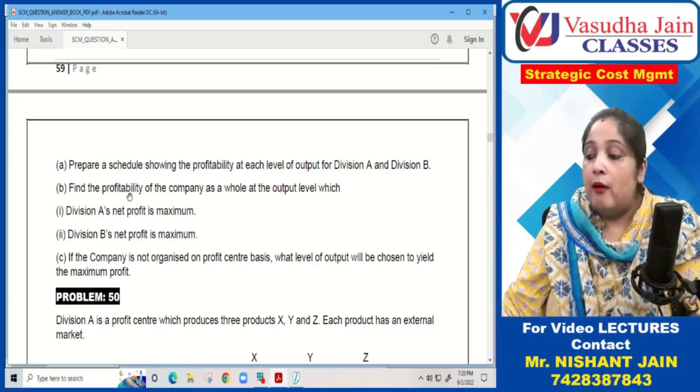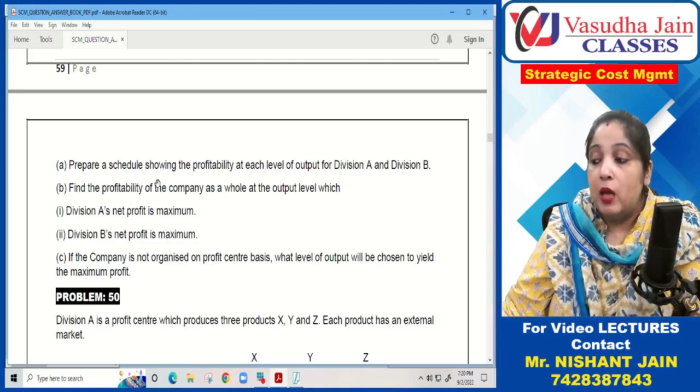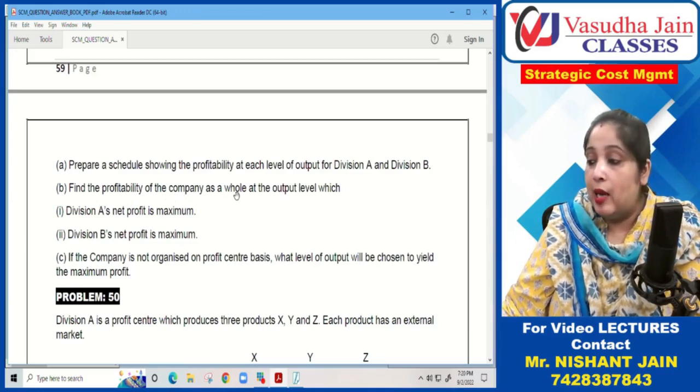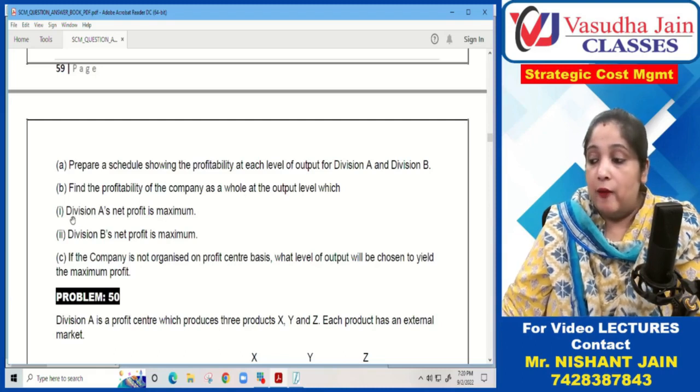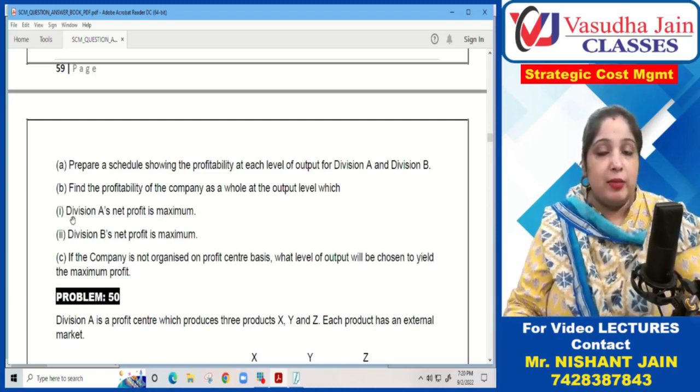So it is saying find the profitability of the company as a whole at the output level, where first part, where division A's net profit is maximum, then find out.